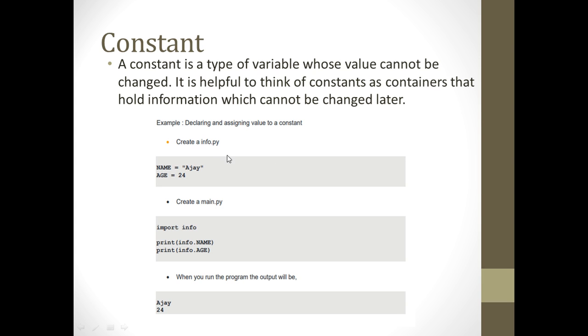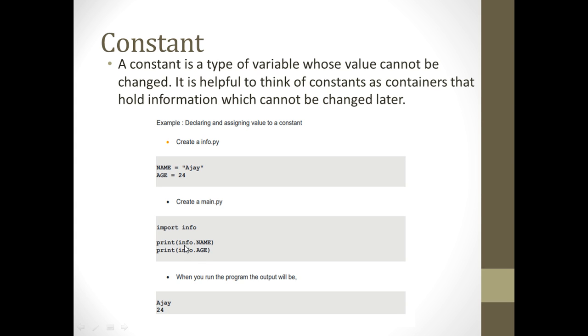So consider here I create a file, info.py. This is my file name. Here I give name equal to Ajay, age equal to 24. And I create another file and I say import info. Info is this file name. I'm just telling it to import the file. So when I import the file, whatever variables are in that file also come along.